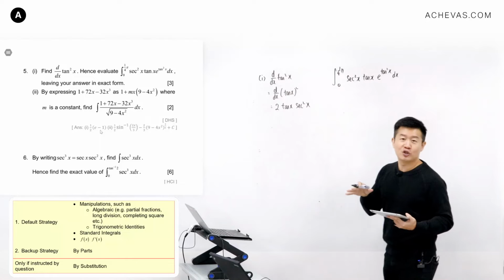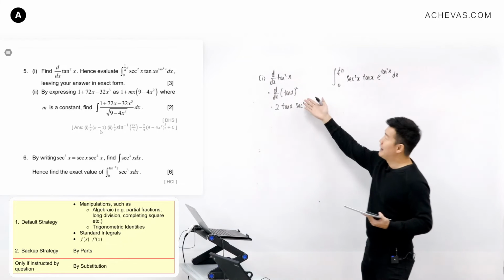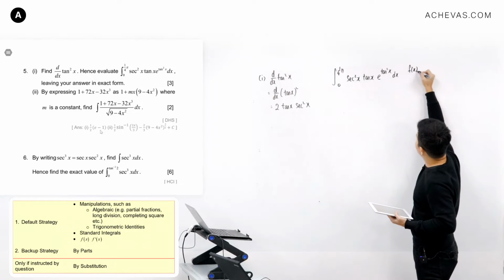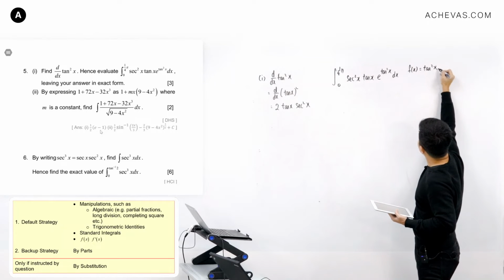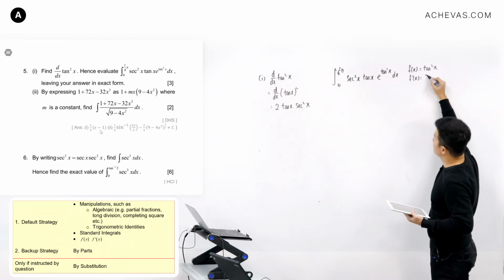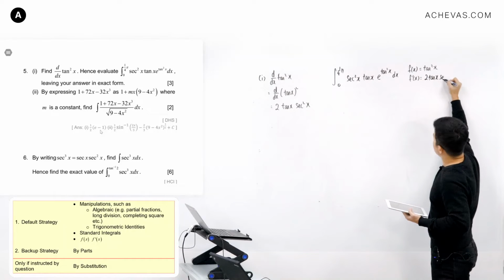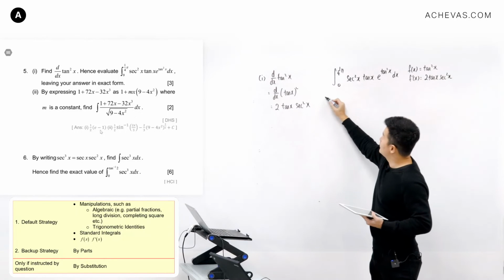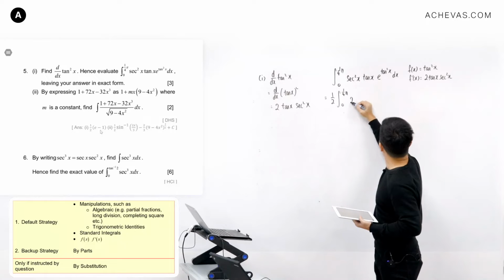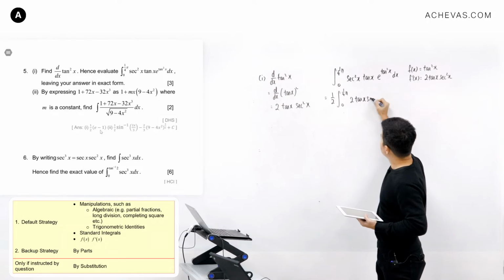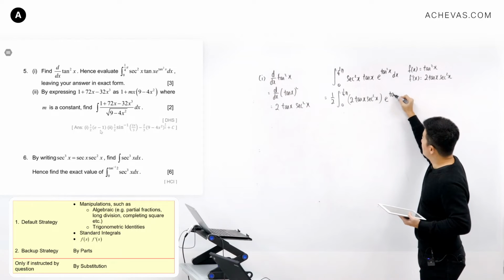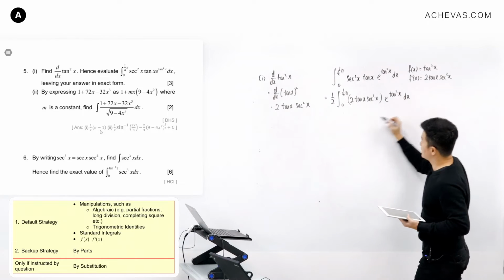But our default strategy will work, especially when I can really tell that tangent squared x is going to be f(x). Then f prime x, which I've already gotten here, is simply 2 tangent x secant squared x, which can be generated here by adding a half, so that I can have a 2 tangent x secant squared x, which is our f prime x, e to the power of tangent squared x dx.